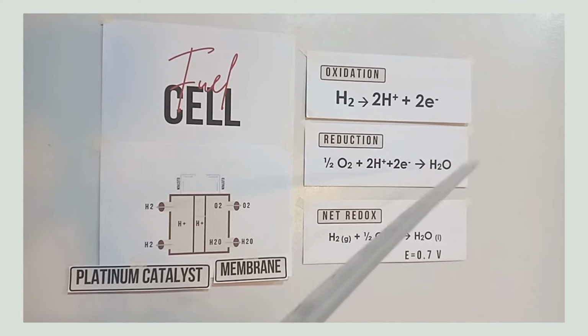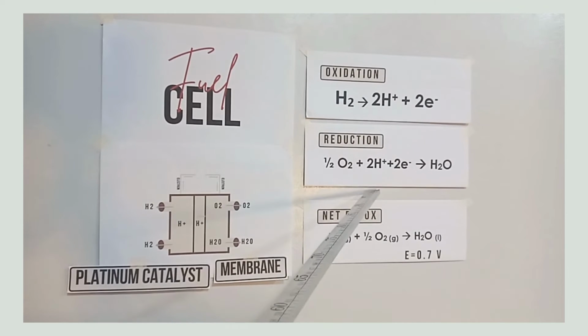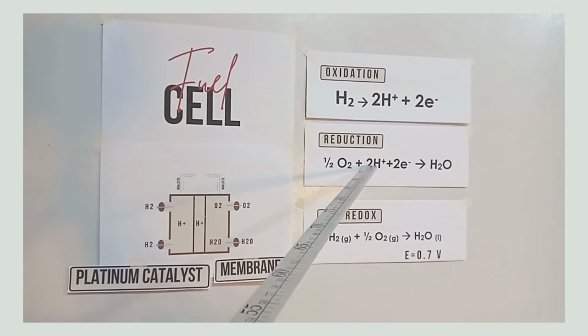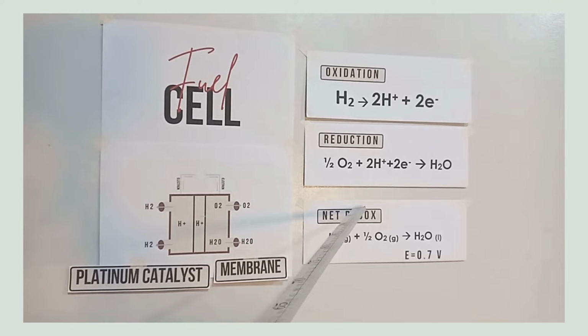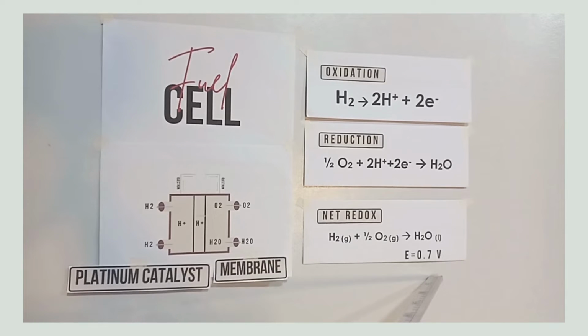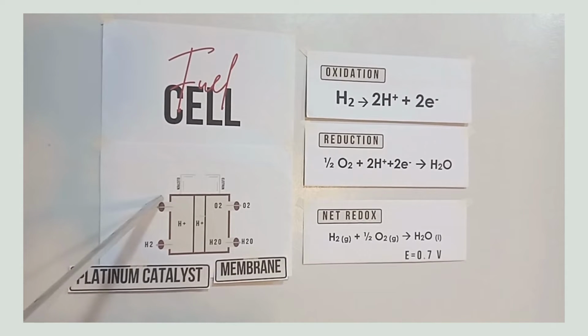Now our redox reaction is found after adding up the oxidation and reduction reactions. The H+ ions appear on both sides, so we cancel them. Then we have our net redox. Our cell potential is 0.7 volts. It is positive. Now let's look at the layout of the fuel cell. A fuel cell is like any other electrochemical cell that has an anode and a cathode.